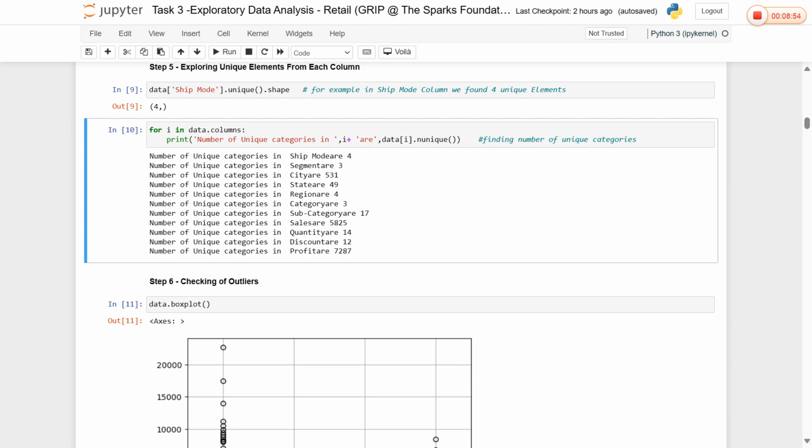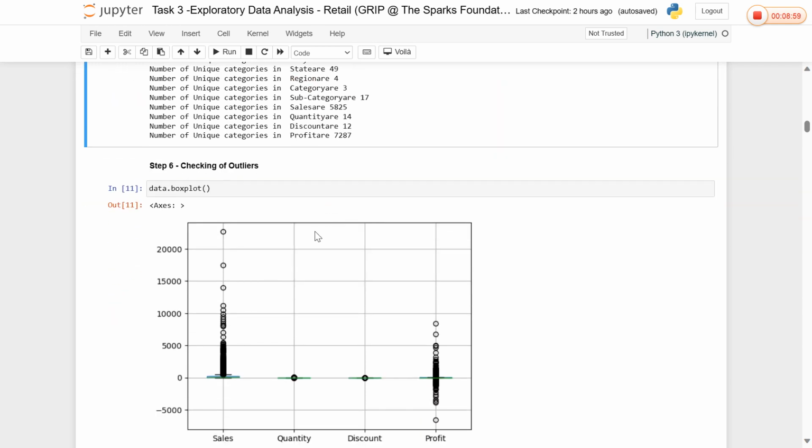Now to check the outliers. An outlier is an anomaly that we don't need, so it is essential to check for outliers in our data. We use a box plot to visualize the potential outliers that may affect our analysis.